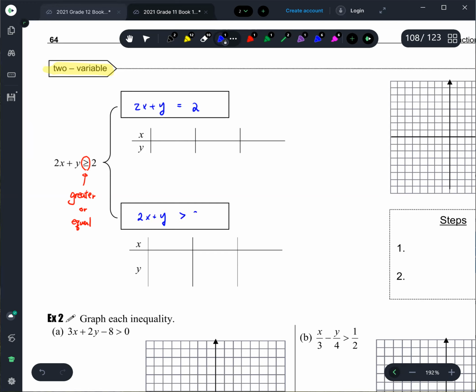Isolate the y. Okay, please isolate the y.